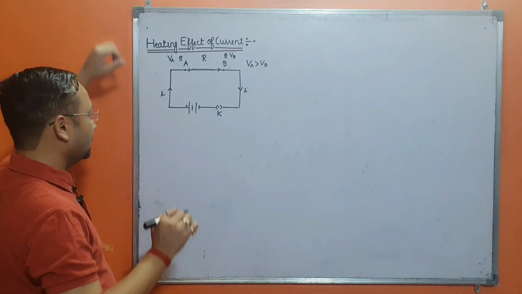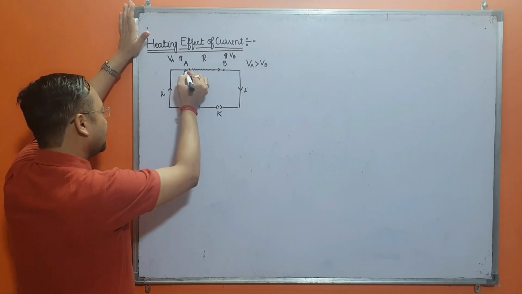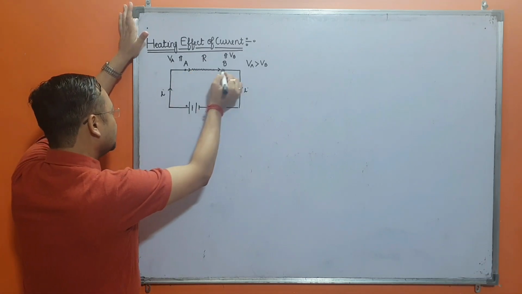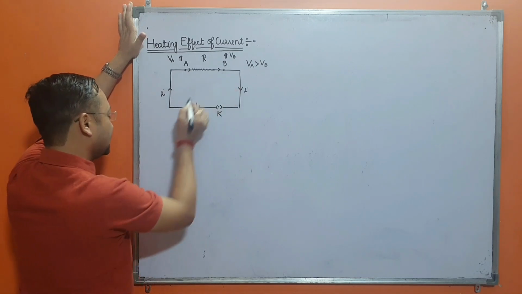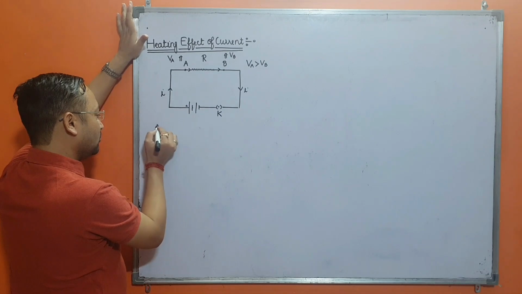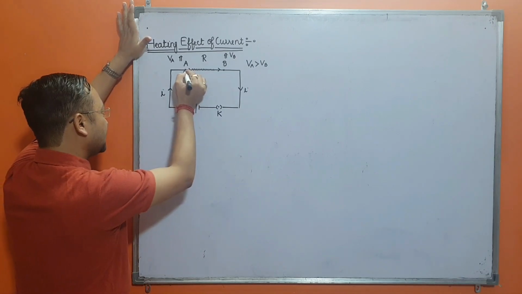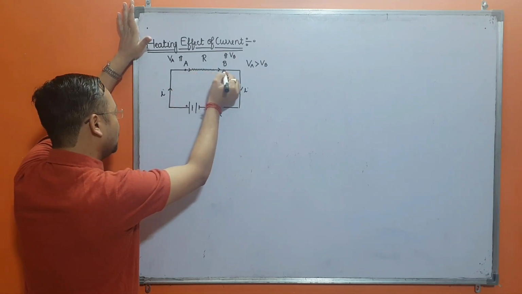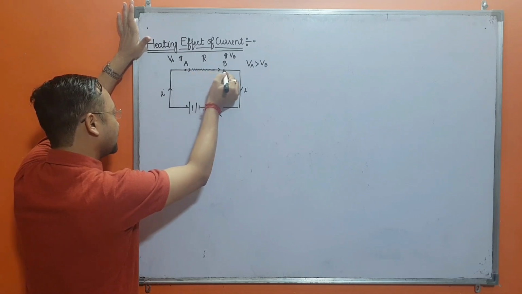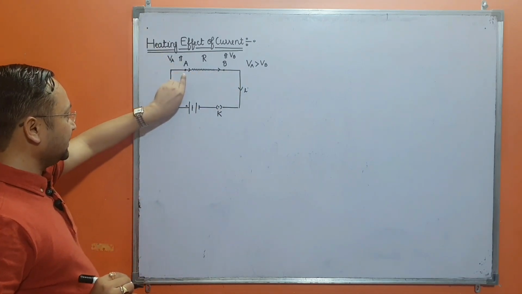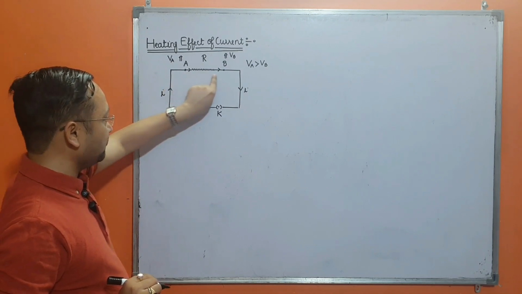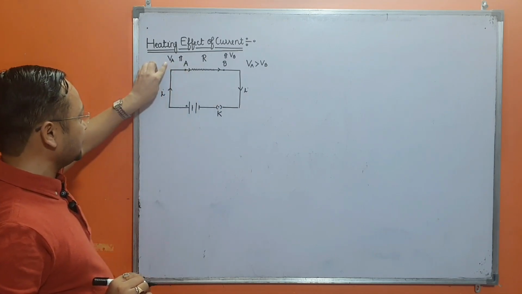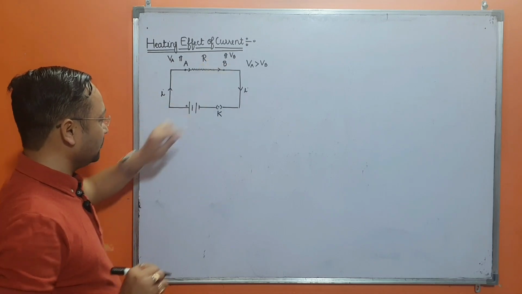Now, let Q amount of charge move from end A to end B of the conductor. You know that current moves from higher potential to lower potential. So in a certain time t, Q amount of charge is moving from point A to point B, here the potential is higher, here the potential is lower.